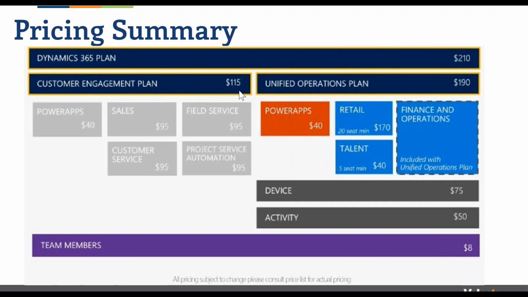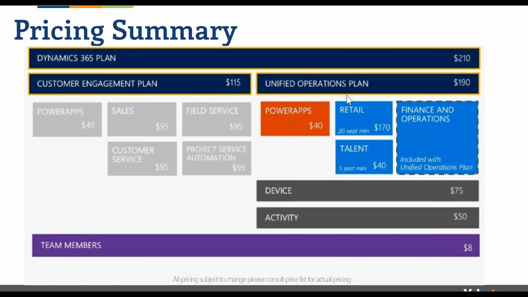And so the companies that get the most bang for their buck, so to speak, are those that can combine the functionality of the Dynamics 365 portfolio and pick up on not just finance and operations, but also the CRM pieces, because those users are going to be paying very little really for their CRM functionality.